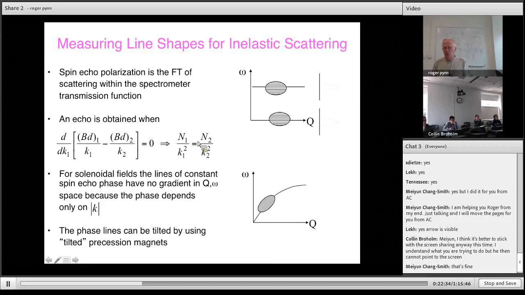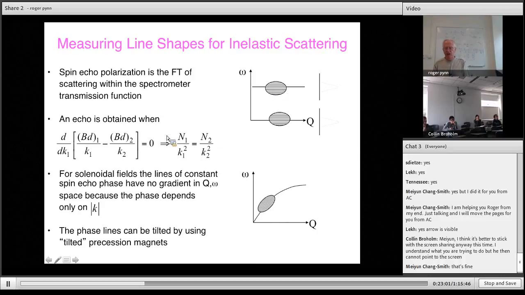Now I know what the energy of the roton minimum is from, let's say, some triple axis spectrometry experiment. So I know what the value of K2 has to be so that I can position the transmission function of my instrument essentially over the top of this excitation, the roton minimum.